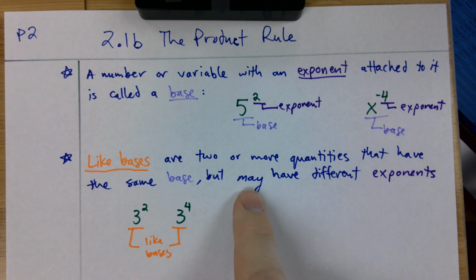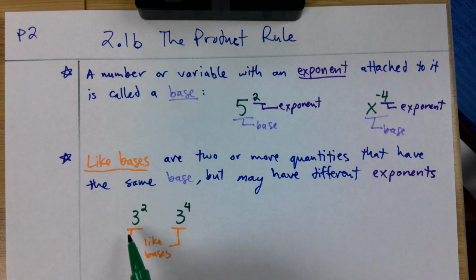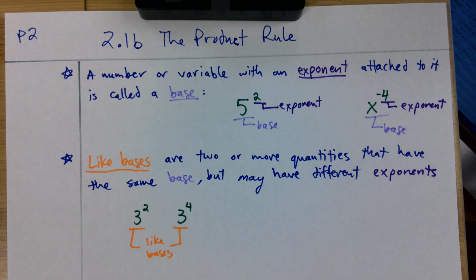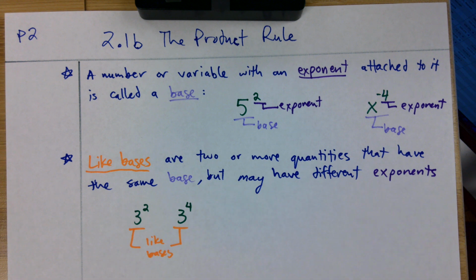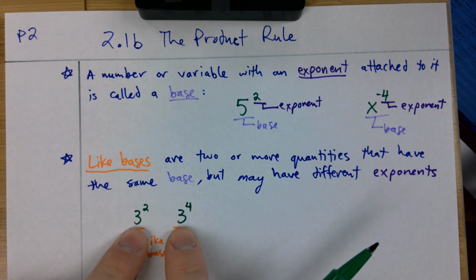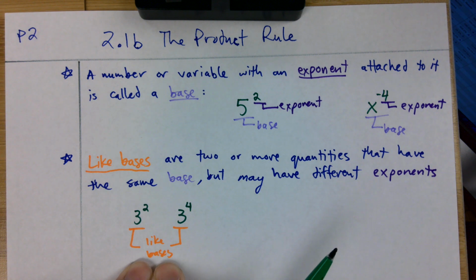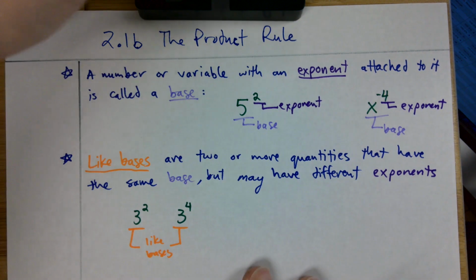And the reason why I said they may have different exponents is because if we had 3 to the 2nd and 3 to the 2nd, if they were the exact same thing, they're still like bases, right? The 3's are the same. So they may have different exponents, they may have the same exponents, but as long as that big number is the same, you've got a like base, or like bases.